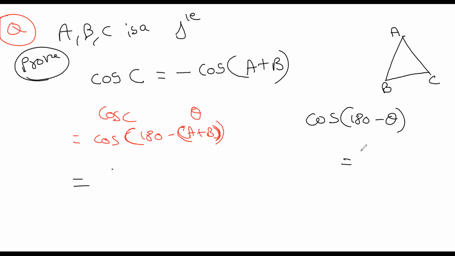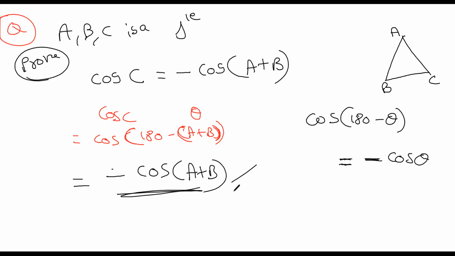For writing this one, you first see the quadrant where it is lying. 180 minus theta, which quadrant? Second quadrant. Is cos positive or negative? Negative. That's why it is minus cos theta. So minus cos of (A plus B). That's it.